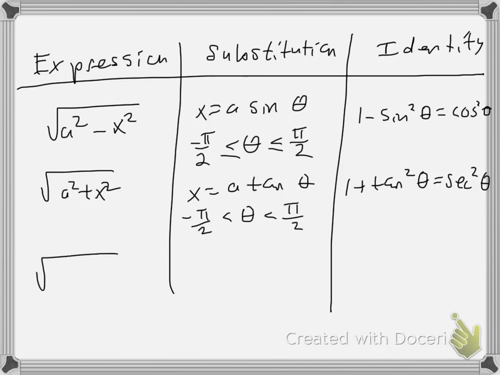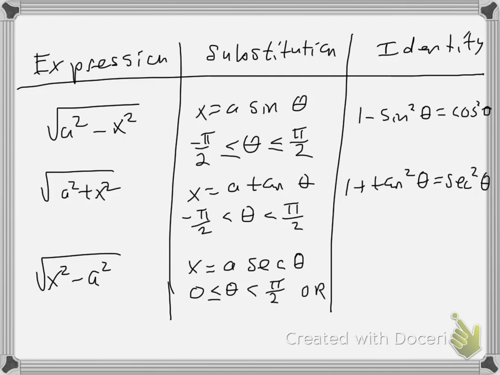And lastly, if we have the square root of x squared minus a squared, our substitution will be x equals a, the secant of theta, provided that the theta is between 0, including 0, strictly less than pi over 2, or that theta is between pi, including pi, but strictly less than 3 pi over 2.